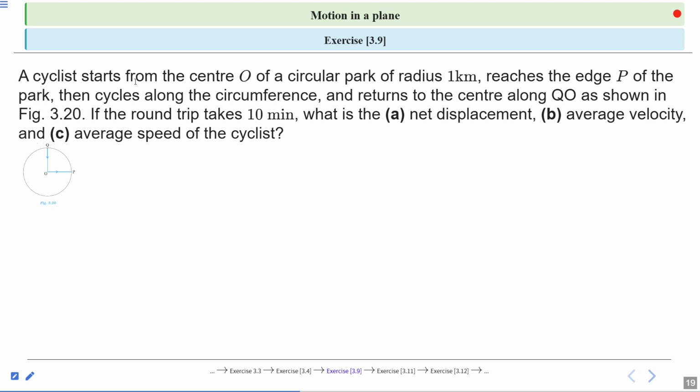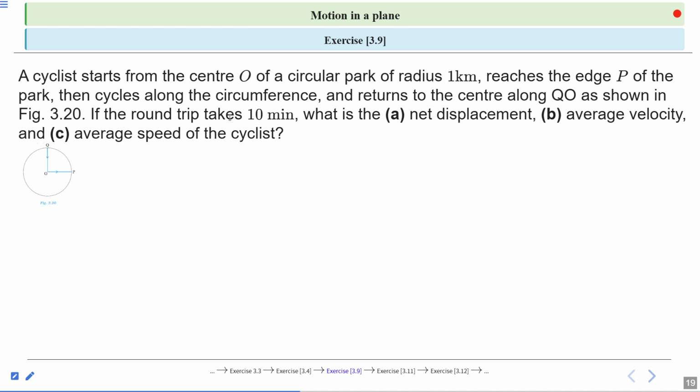A cyclist starts from the center O of a circular park of radius 1 kilometer, reaches the edge P of the park, then cycles along the circumference and returns to the center along QO, as shown in figure 3.20.